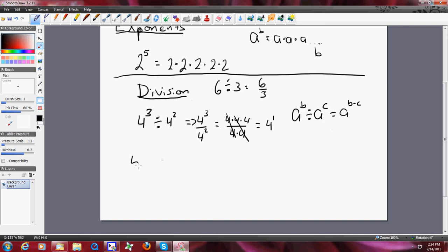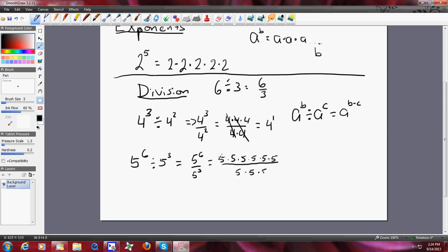Let's take a look at one more. 5 to the 6 divided by 5 cubed equals 5 to the 6 over 5 cubed, which is 5 times 5 times 5 times 5 times 5 times 5 over 5 times 5 times 5. And you might be saying, well, if we already know the answer, why are we doing this? It's good practice.